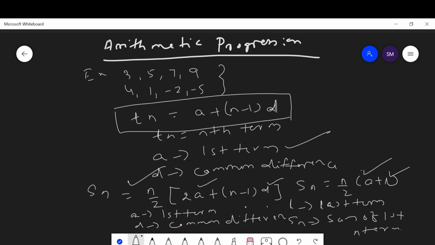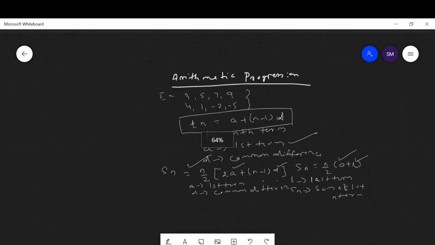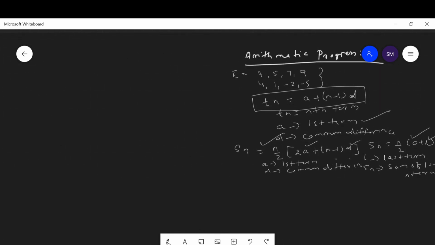Okay. Keep the formula here and let us discuss some important points and tricks to remember for solving arithmetic progression problems easily.